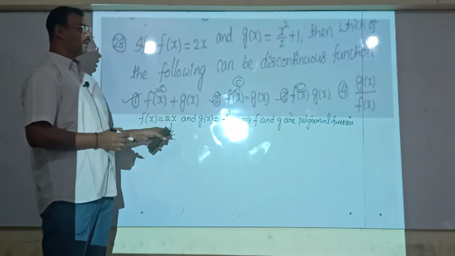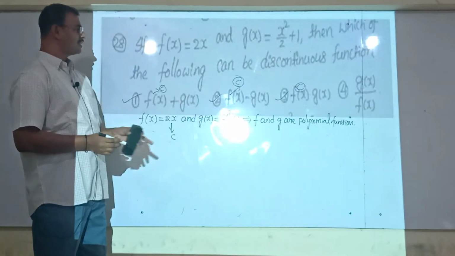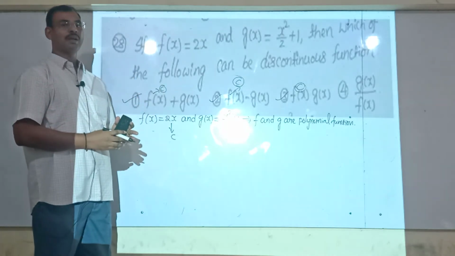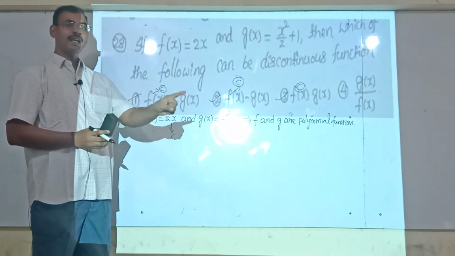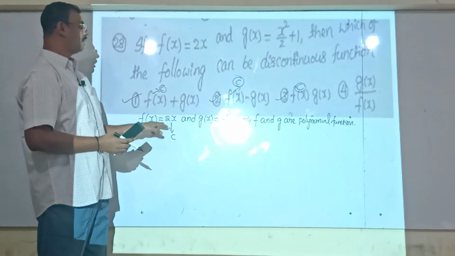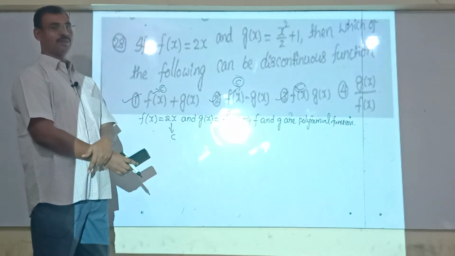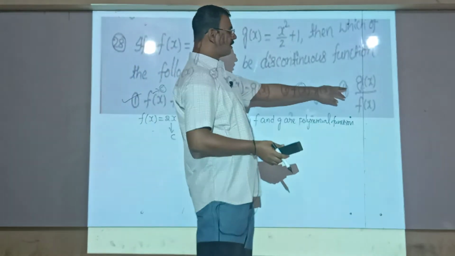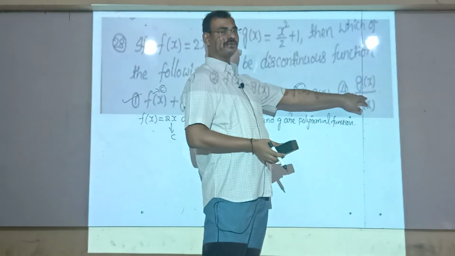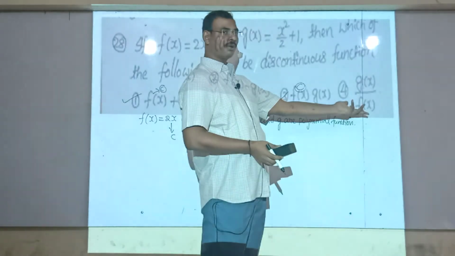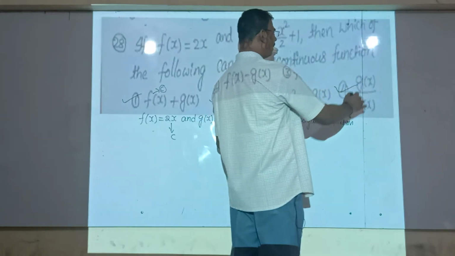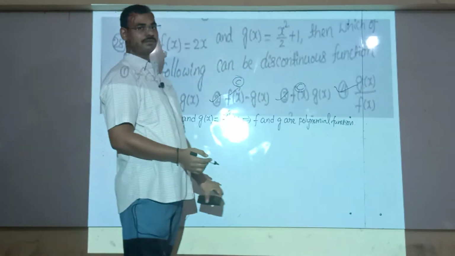Fourth one: f is continuous, g is continuous, then g by f or f by g both are continuous, provided f of x and g of x are not equal to 0. But in this problem, he does not provide any condition. So hence it is a discontinuous function.